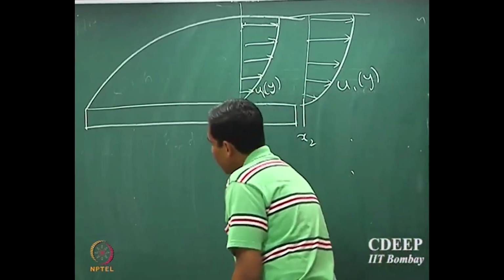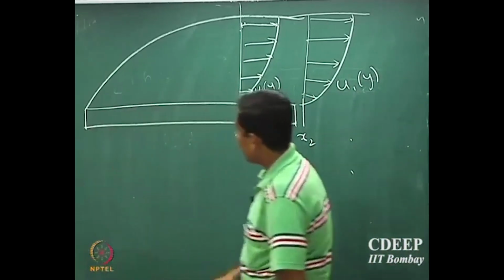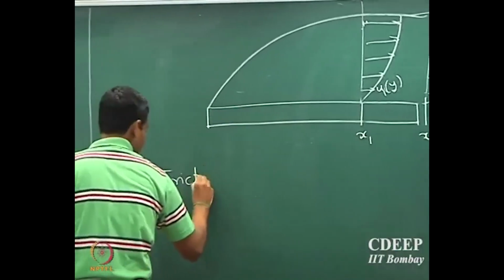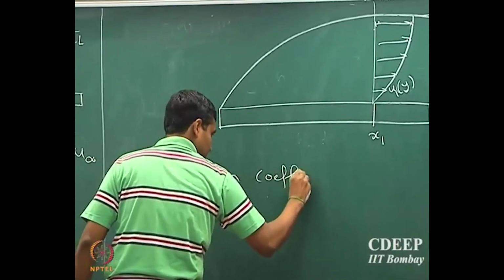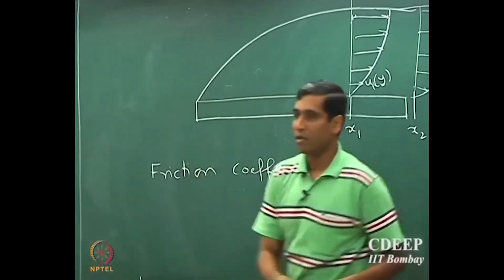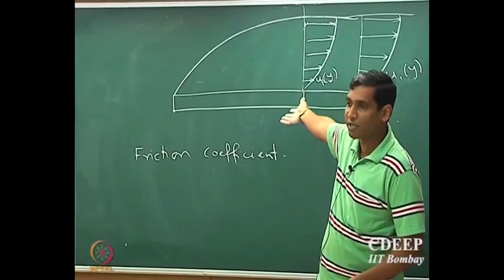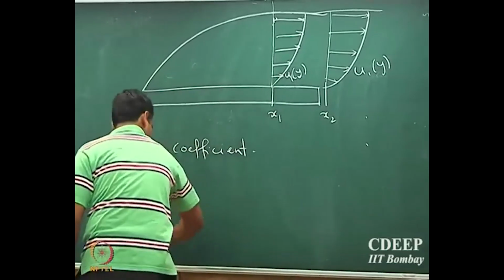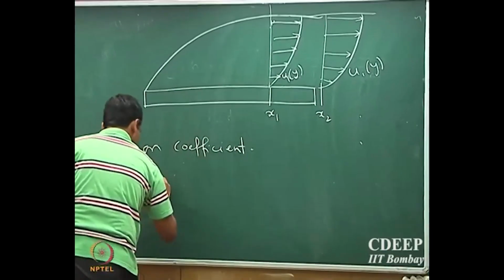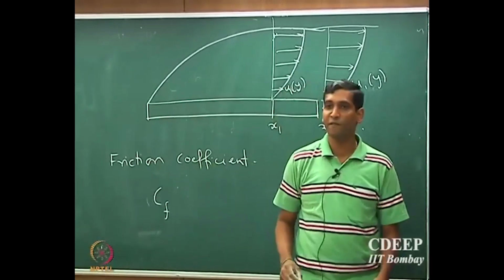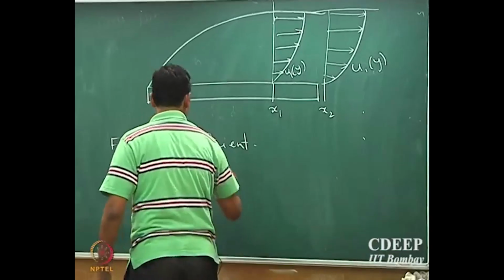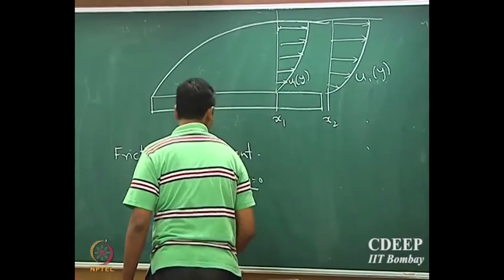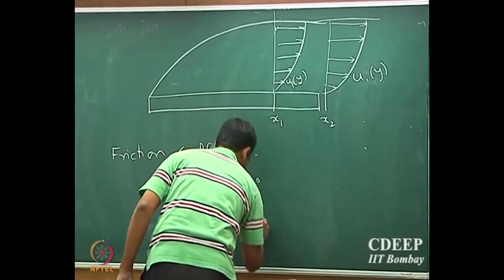Now the properties in this boundary layer are characterized by what is called the friction coefficient. It's the friction which is causing these kinds of velocity profiles. Cf is the symbol given for friction coefficient, and it's given by the shear stress at the wall, the shear stress at y equal to 0, divided by rho u infinity squared by 2.